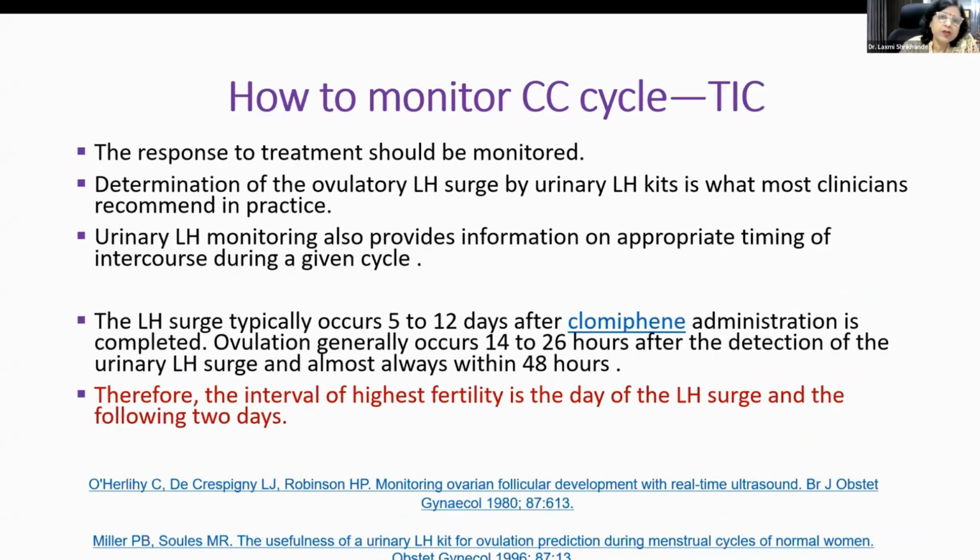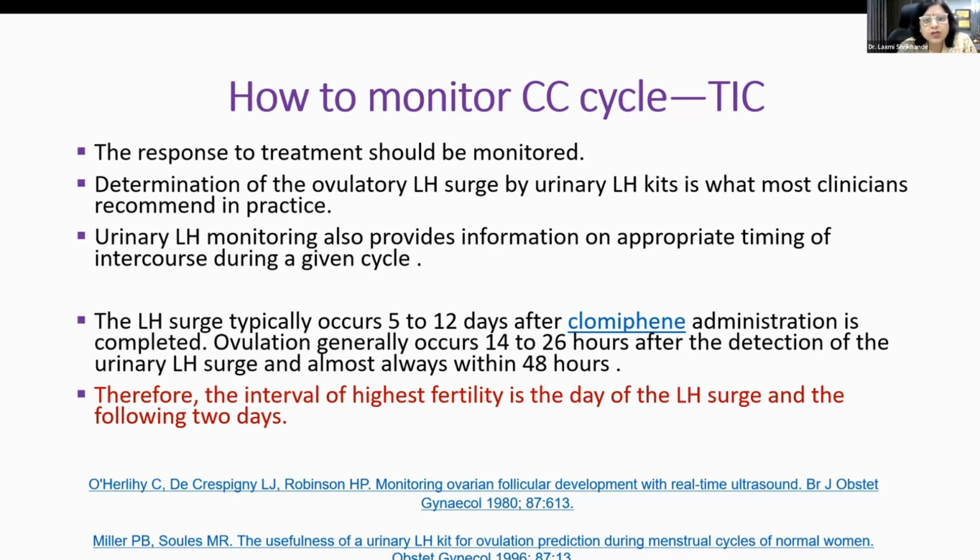If your patient is on oral ovulogens and you are planning timed intercourse, not IUI, then ultrasound monitoring is not mandatory. You can monitor this cycle by LH urinary kit. And remember, when you are monitoring by this method, the LH surge typically occurs 5 to 12 days after clomiphene administration is completed.